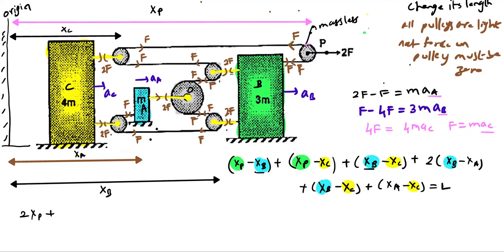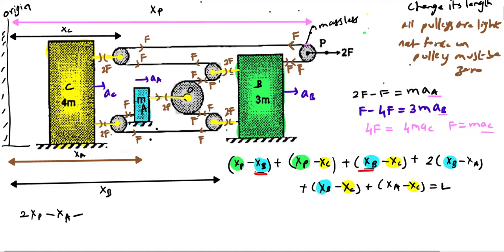Now look at this one. 2XP. XP plus XP, 2XP. Now come for this plus XA minus 2XA. Only two terms are there. Minus 2XA plus XA will be minus XA. Then come for XB.